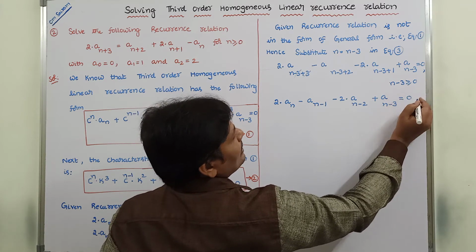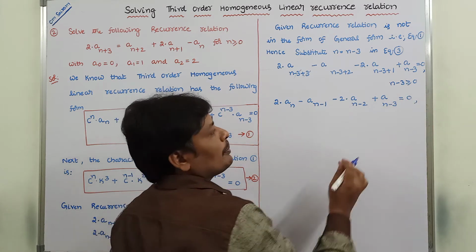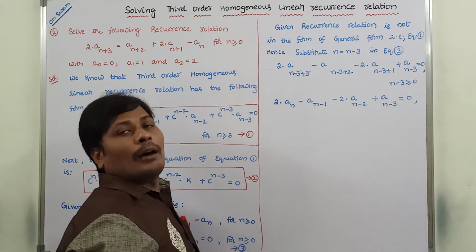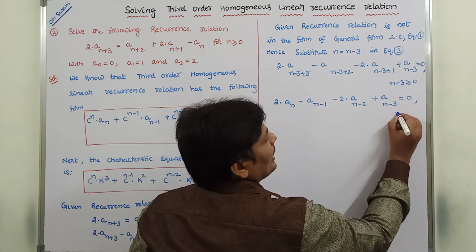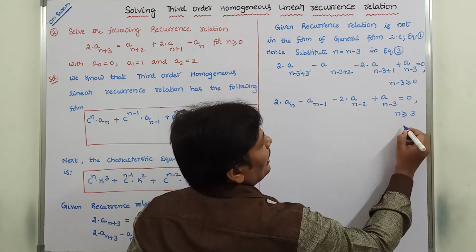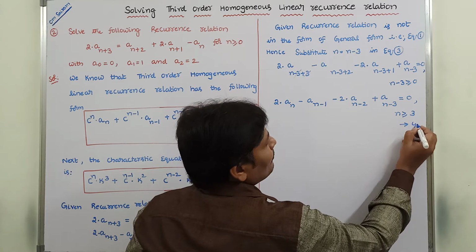So here n minus 3 greater than or equal to 0, that means minus 3 can be sent to the right hand side. So then we are getting n greater than or equal to 3, and this is equation 4.